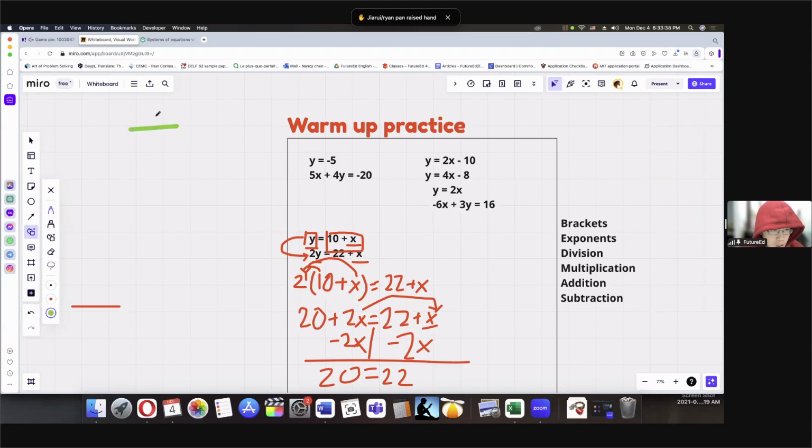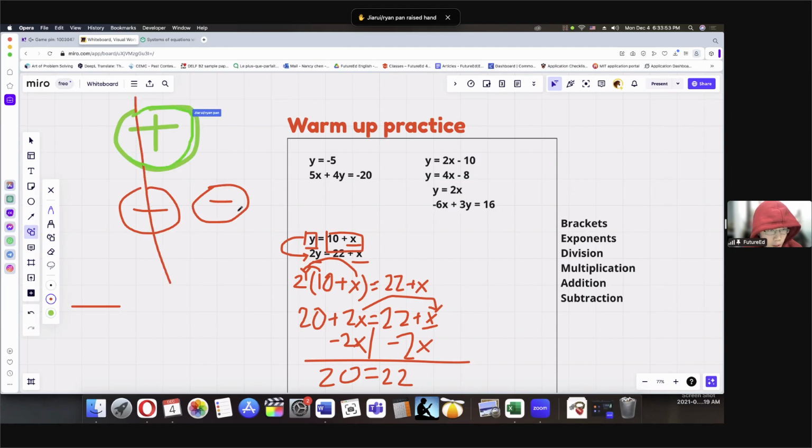Let's say this is one x, and then we have negative 2x, and we need to add these together. Positives and negatives will cancel, right? This positive and this negative will cancel, and what's left? Another minus. Exactly. We just have one minus. So in this case, it would just be a negative x.